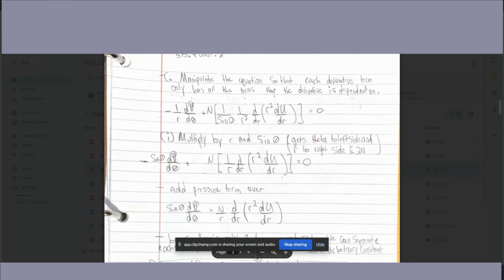All right, so now we're going to manipulate the equation so that each derivative term only has the terms that the derivative is dependent on within it.